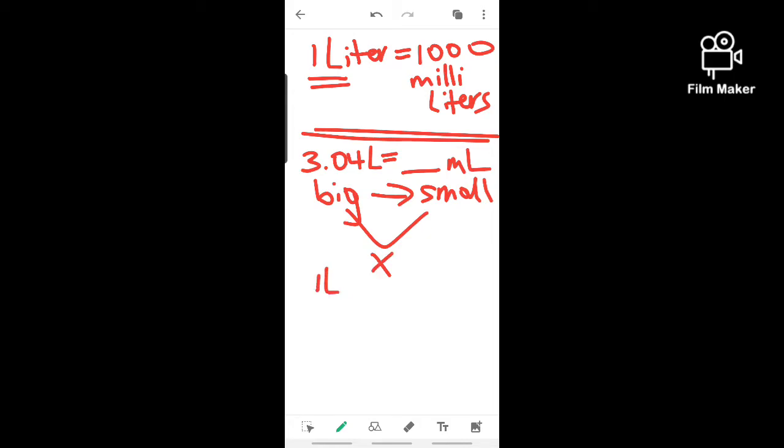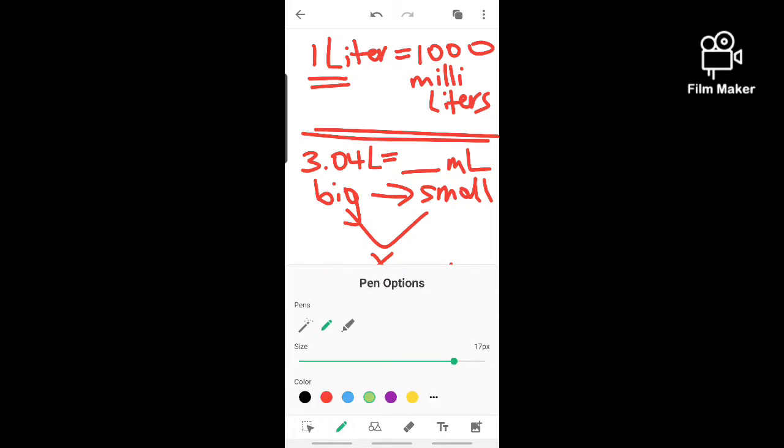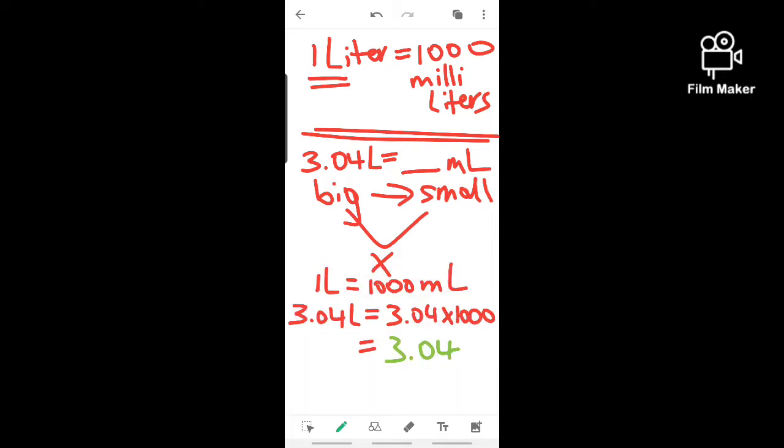So if we know that 1 liter is equal to 1,000 milliliters, then we know that 3.04 liters is simply equal to 3.04 times 1,000. As I would have put inside your notes as well, if we're multiplying by 1,000, all we're going to do is rewrite 3.04 and move our decimal point 3 places to the right.